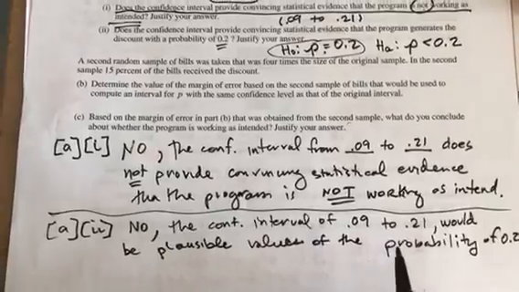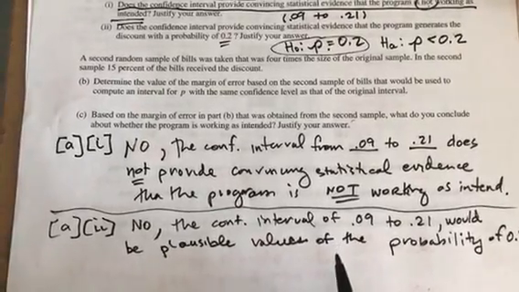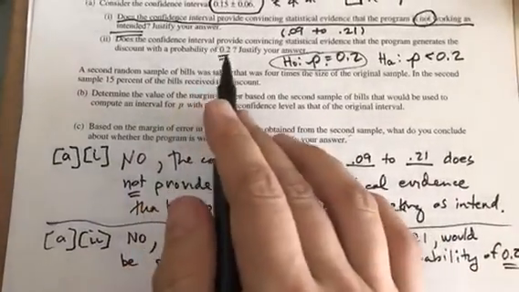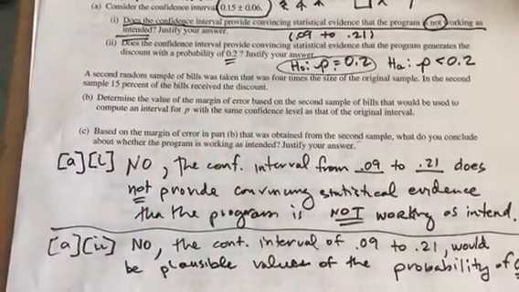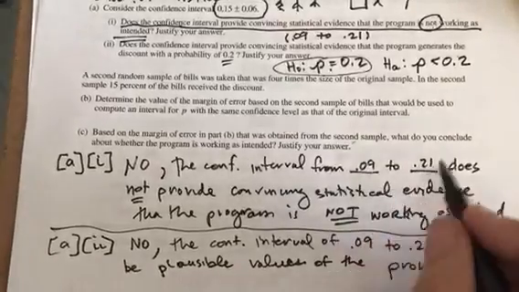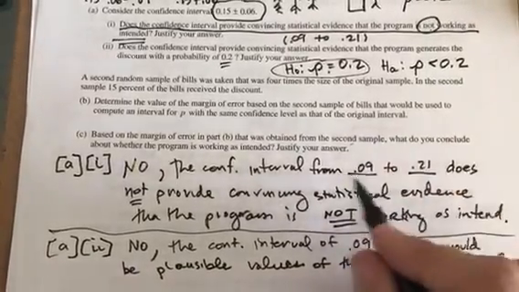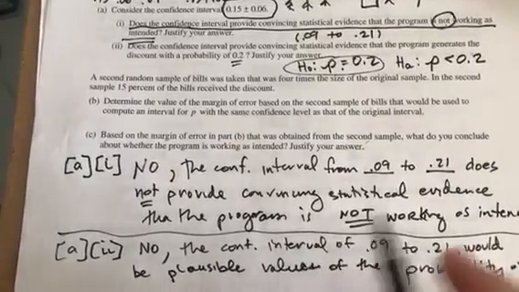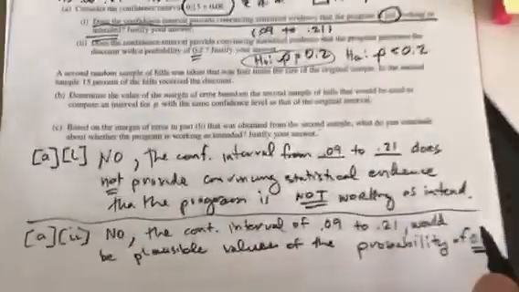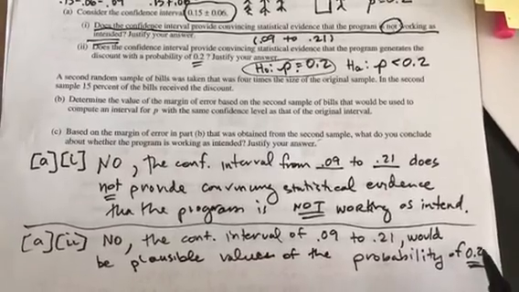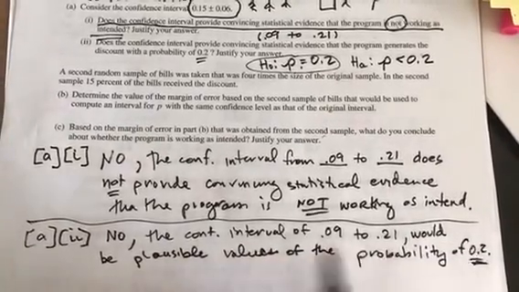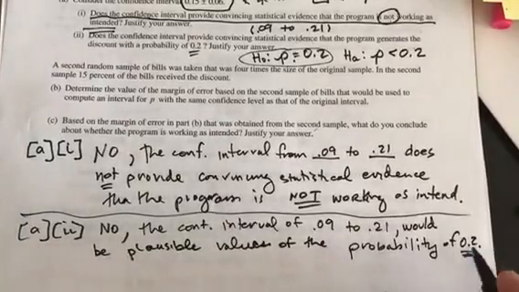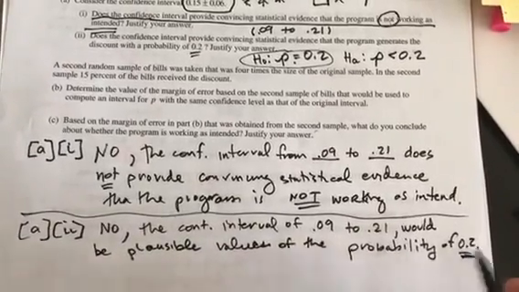And so notice, once again, they kind of are trying to trick you about what a confidence interval is. And again, a confidence interval is a range of numbers where the truth could lie. There's no way from a confidence interval to gather proof that the outcome is exactly 0.2. So the confidence interval would be the plausible values of the probability 0.2.